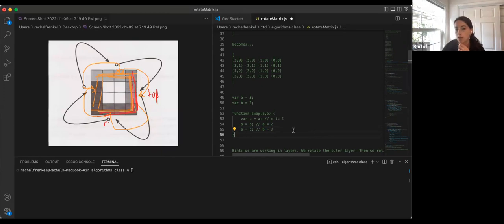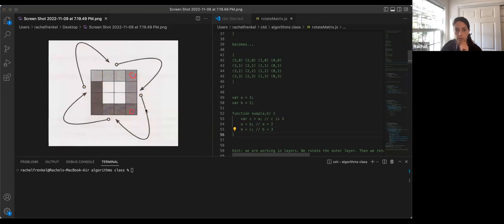Okay, so one way was to move the entire edge. What's another way? Instead of moving the edge, how can we do this in place? We can go pixel by pixel, or cell by cell. Instead of moving the entire edge, we're just going to take this guy and he's going to go down here.